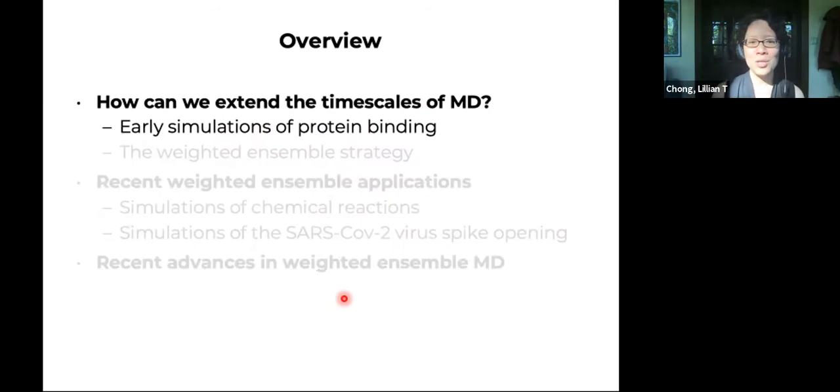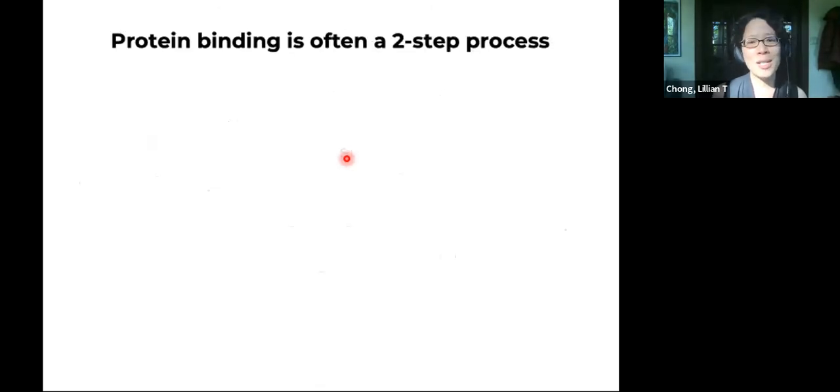So I'm going to start with these early efforts of ours in protein binding. And to start, let's just give a simple illustration of a protein binding process, which often involves 2 steps.